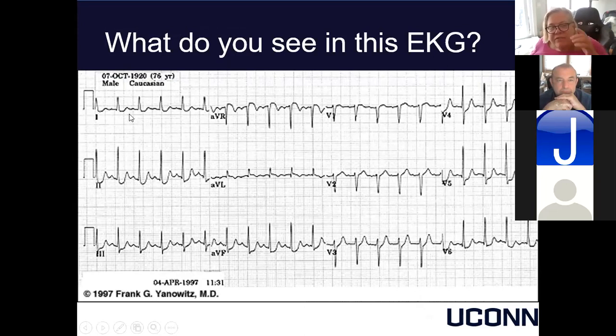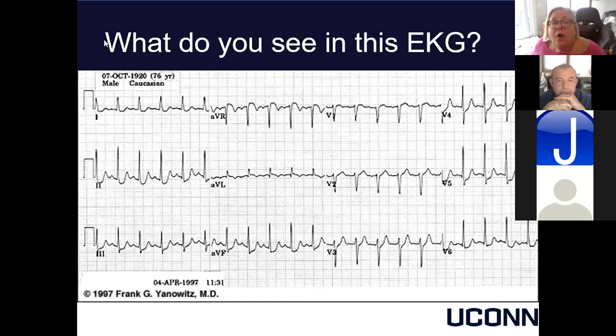And each of these leads, 1, 2, 3, AVR, AVL, AVF, V1, 2, 3, 4, 5, and 6, shows a different area of the left ventricle when you group them together.